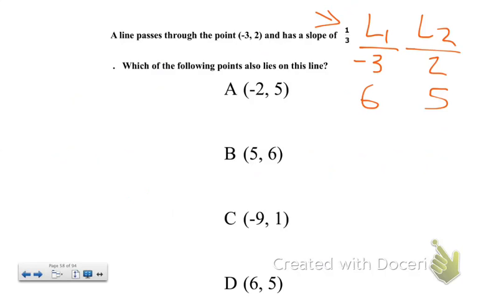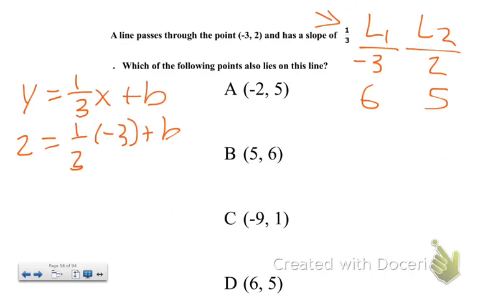The algebraic way we learned to do this was to solve for b and then plug in the point and see if it makes it true. So I can use the original point of -3, 2 to solve for b. -3 times 1/3 is -1.